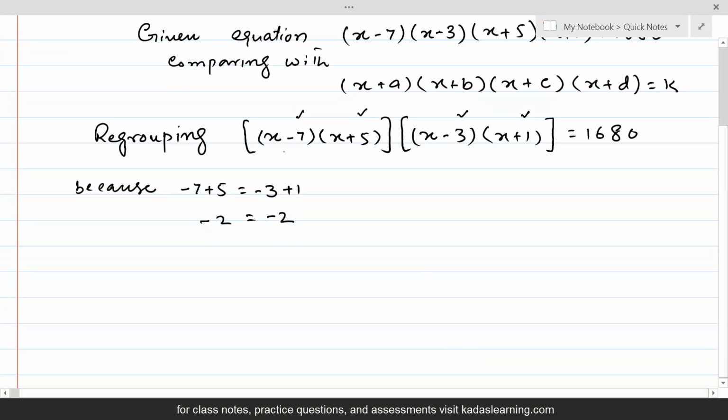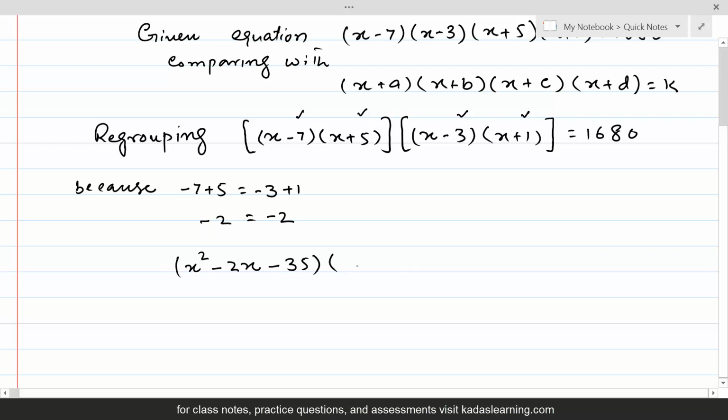So now we can multiply x - 7 times x + 5. This will give us x squared - 2x - 35 upon actual multiplication.